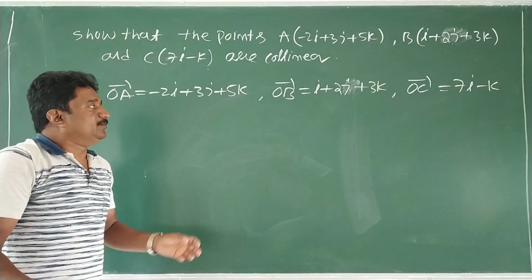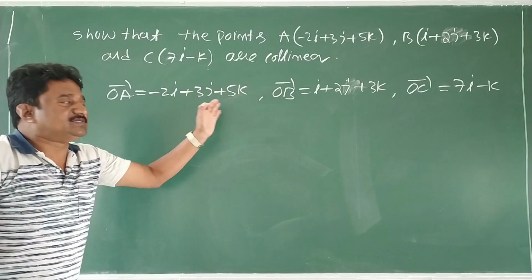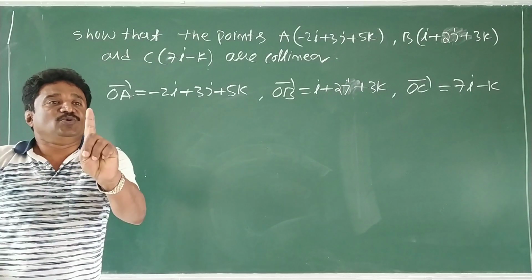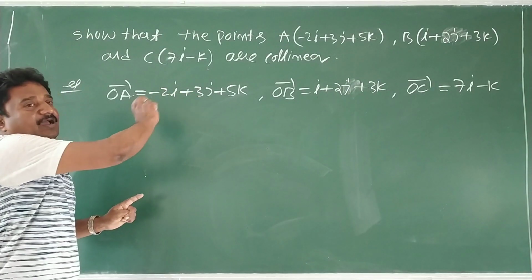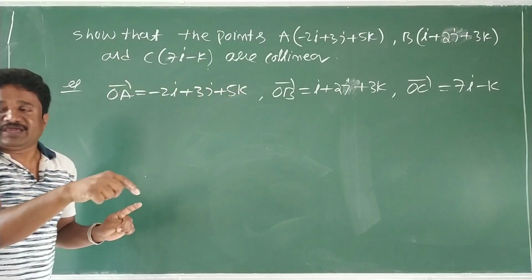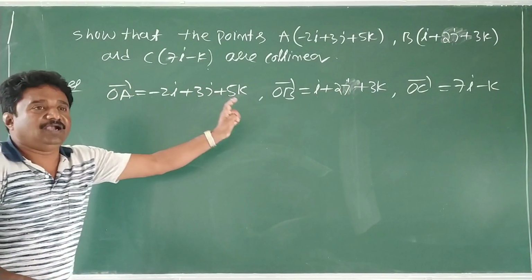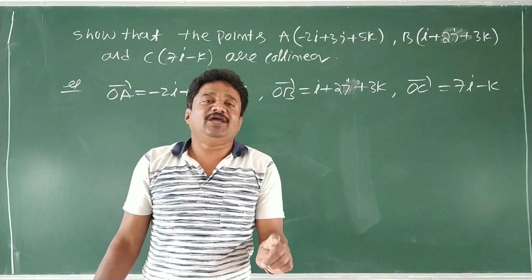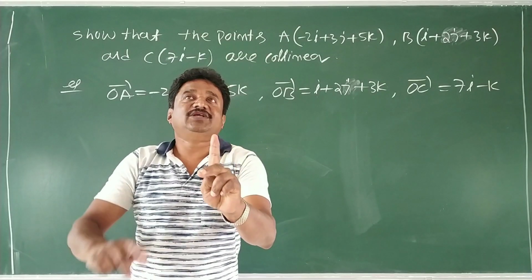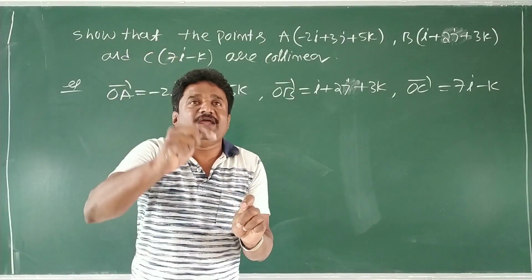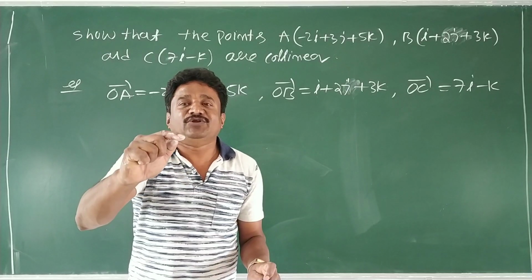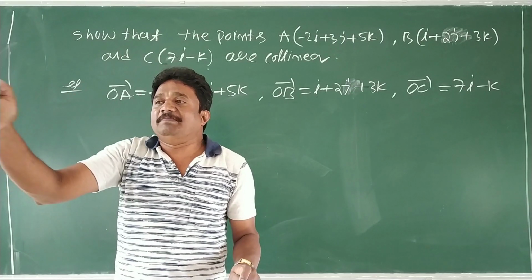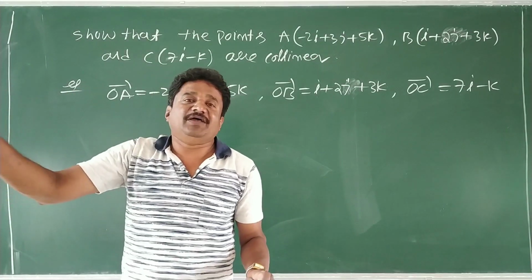Points are given, which means PVs are given. Using these 3 PVs, you can calculate any 2 vectors. You can calculate vector AB and vector AC, or vector AB and vector BC. Tell me the condition for collinearity of 2 vectors: DRs are proportional, a1 by a2 is equal to b1 by b2 is equal to c1 by c2.